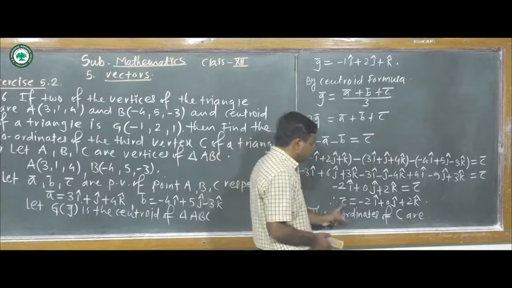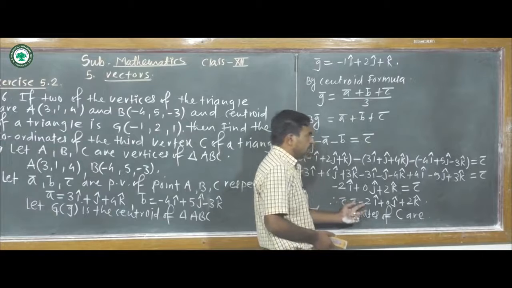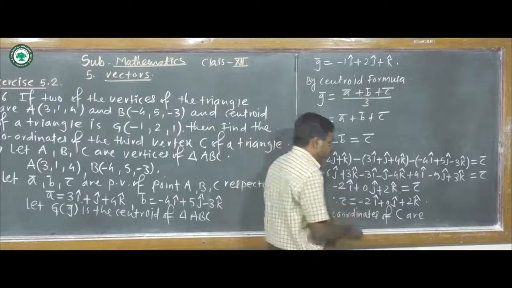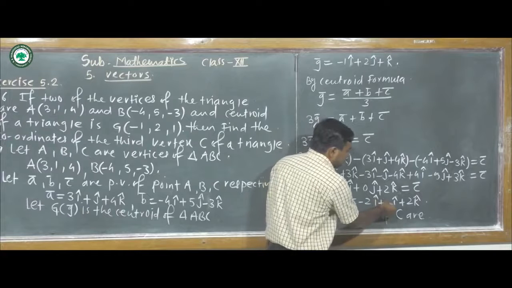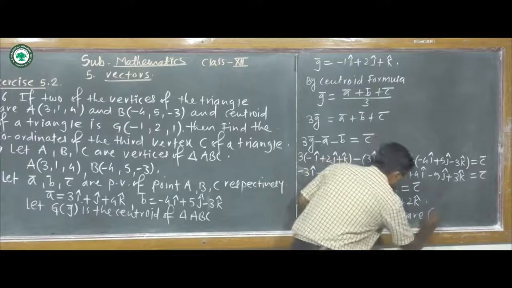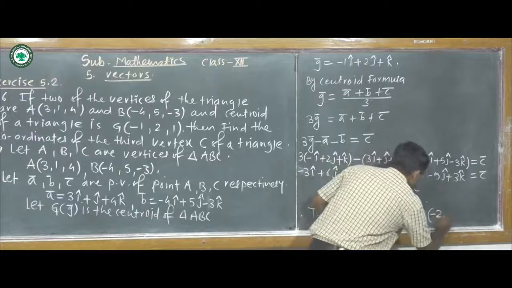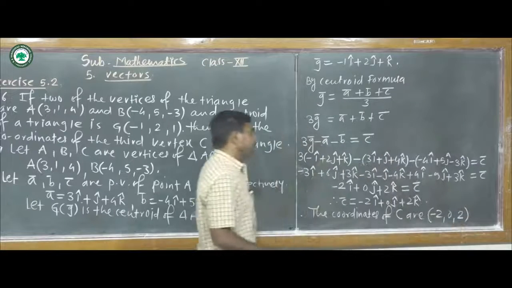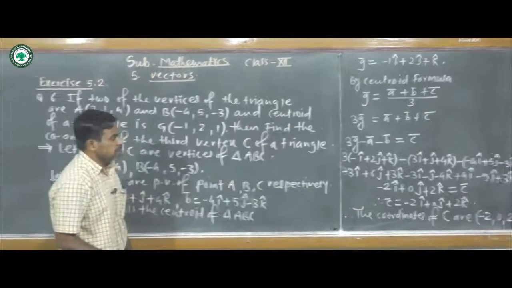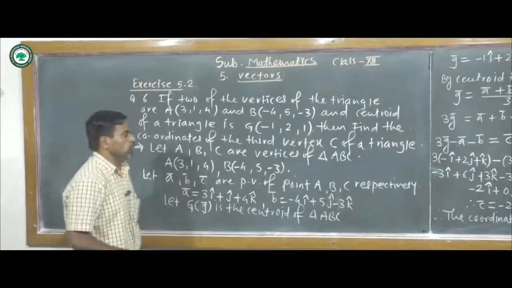So here the position vector is known, and from it we can write the coordinates: for -2i cap plus 0j cap plus 2k cap, the coordinates are -2, 0 and 2. So the third vertex of the triangle is (-2, 0, 2).